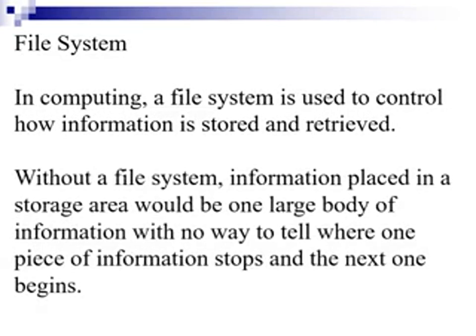Without a file system, information placed in a storage area would be one large body of information without a way to know or tell where one piece of information stops and the next one begins. So computers use what is known as the file system to tell the beginning of a certain information and the end of it. Now there's a number of file systems that exist.